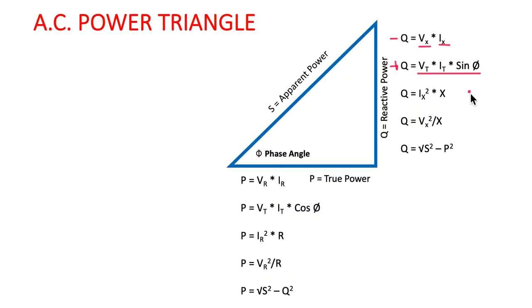As with true power, you can use I squared X, or V squared over X, as long as you have all the appropriate values. And then finally, again transposing Pythagoras, we can use Q equals the square root of S squared minus P squared.